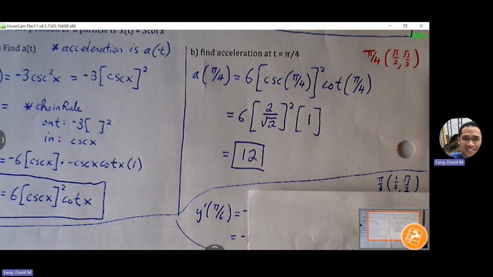Okay, last one, try number 6. Tangent line equation. So you're going to find your ordered pair, find the derivative, from the derivative, find the slope, and then point slope form.